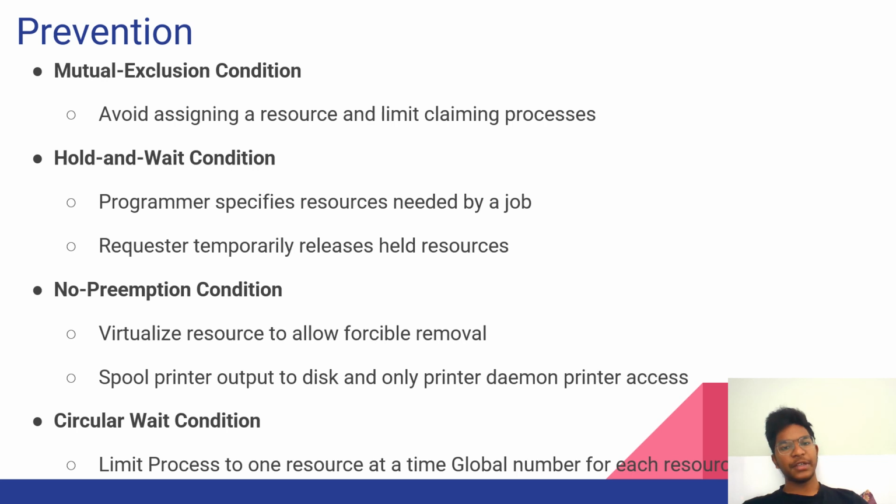Give a global number to each resource, and processes can request the resource it needs since one resource is always higher up on the ordered list. Therefore, the process holding the highest resource will either finish or use another higher ordered resource.